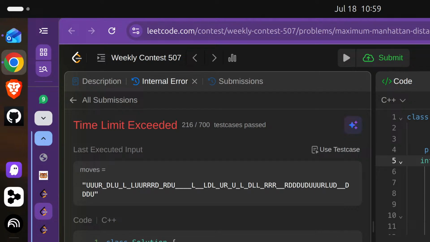Okay, so guys, what we can do: how many variables are moving in this? One is i, one is x, one is y, right? What is the limit of x and y? I think it's n only.